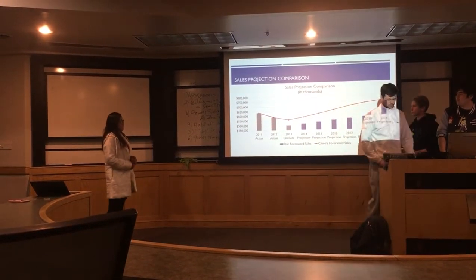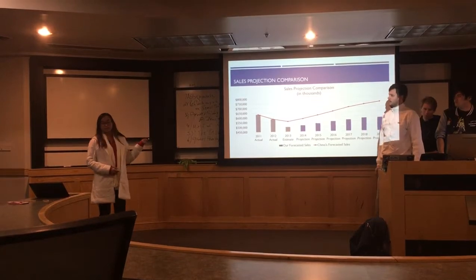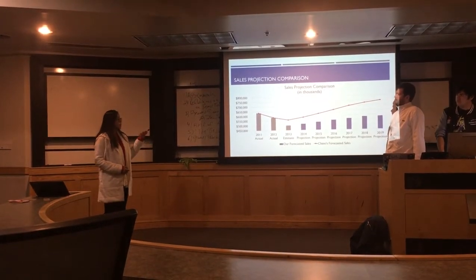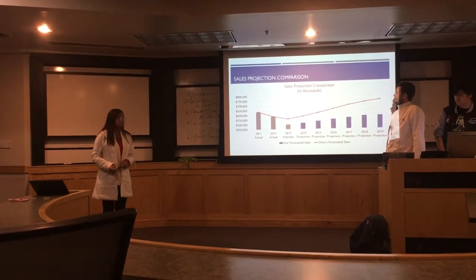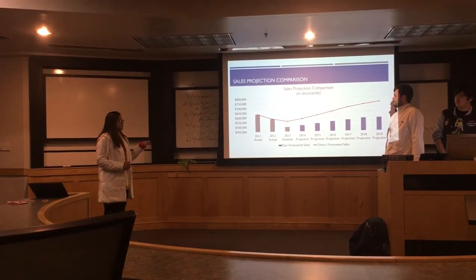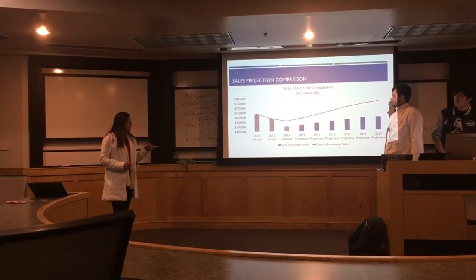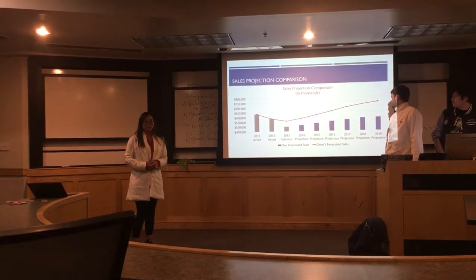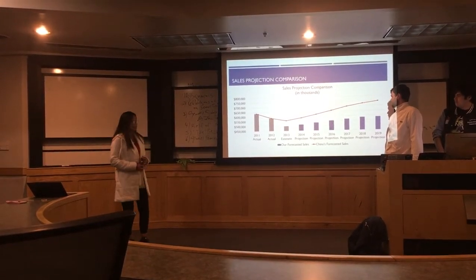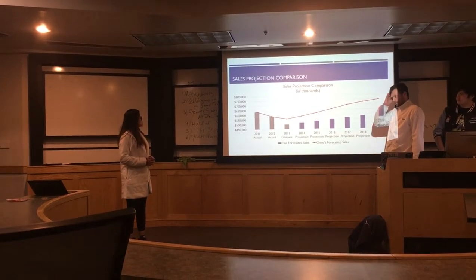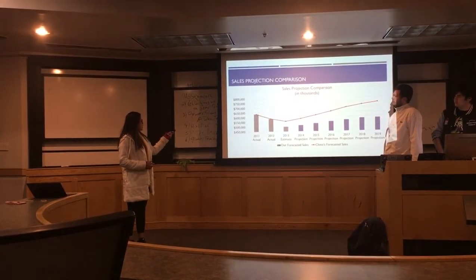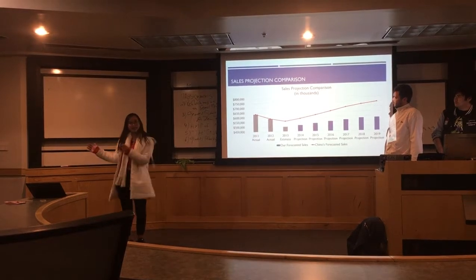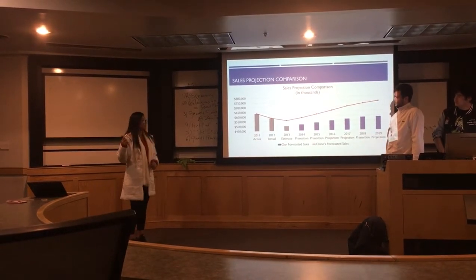As you can see here, the red line represents Chino's forecast and the bar chart represents our forecast, with 2011 and 2012 being the actual values and 2013 to 2019 being our projection, with 2019 as year one of continuing value.